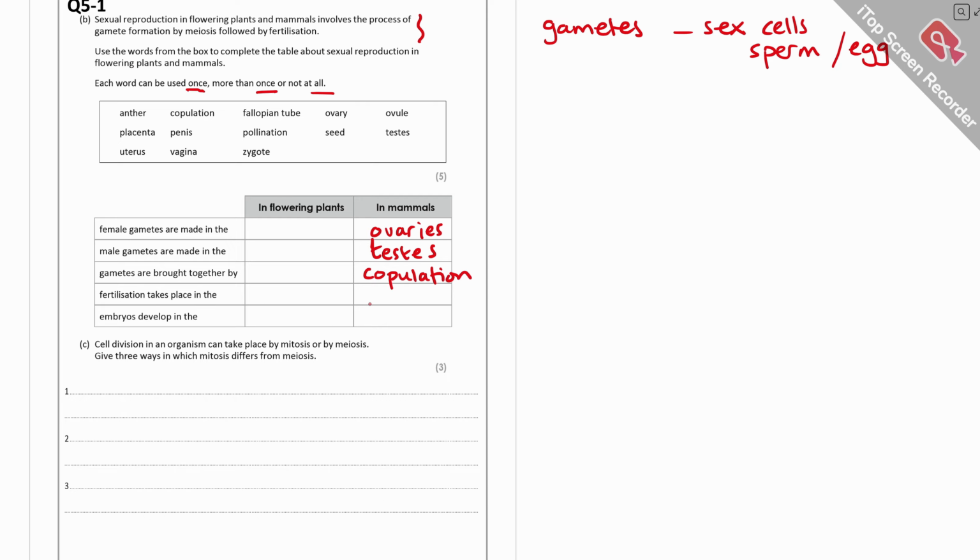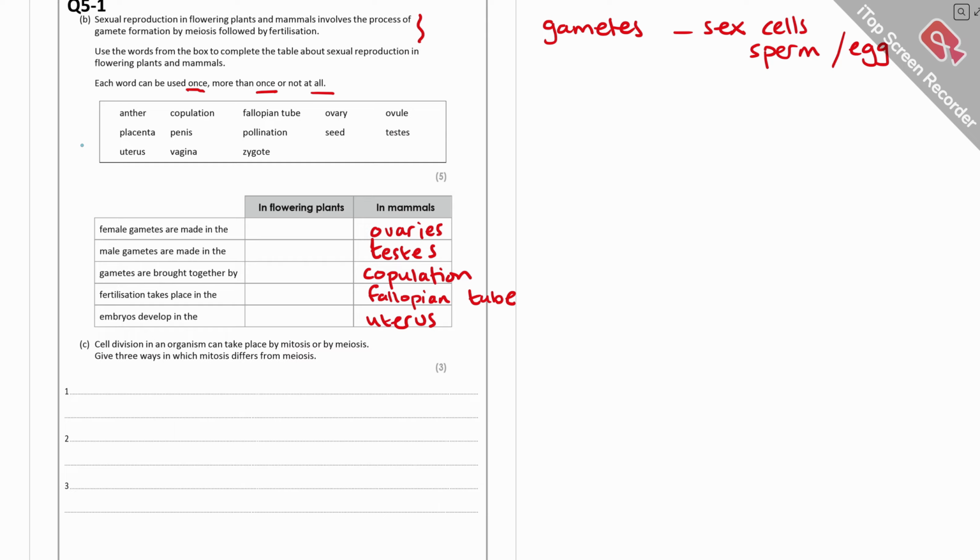Fertilization will take place in the fallopian tube. Embryos develop in the uterus. No, that's it.